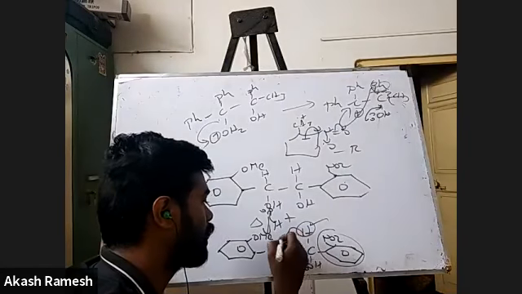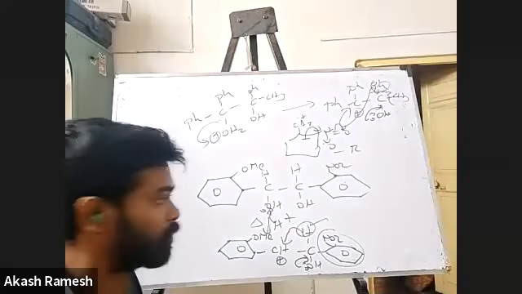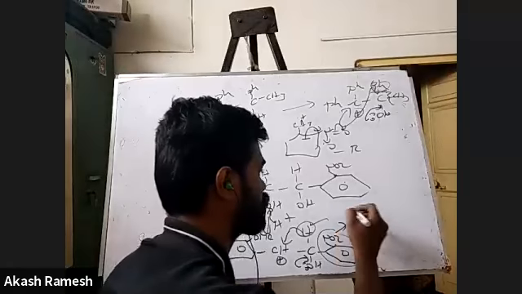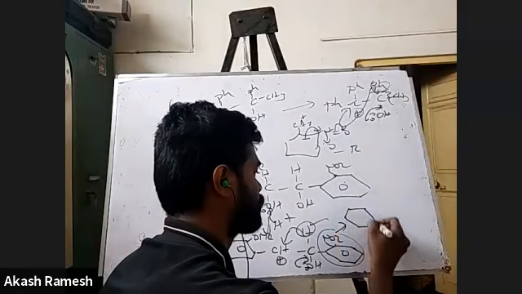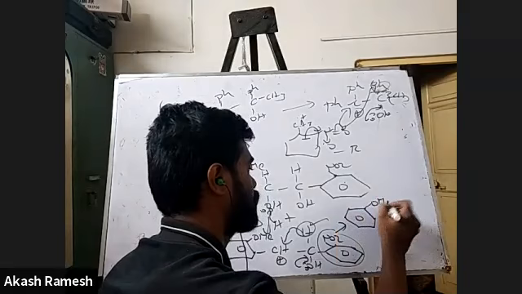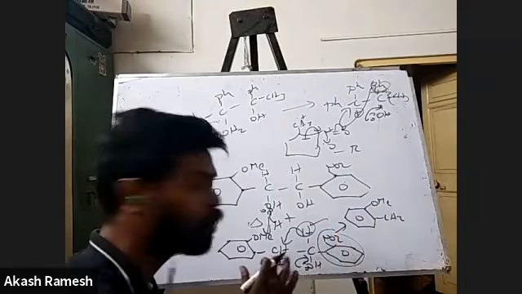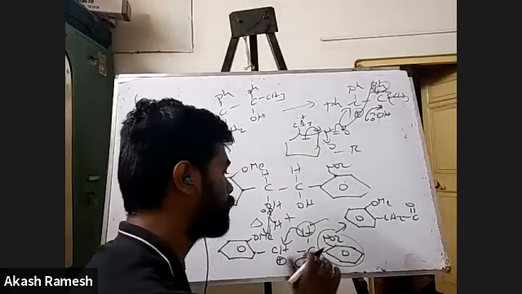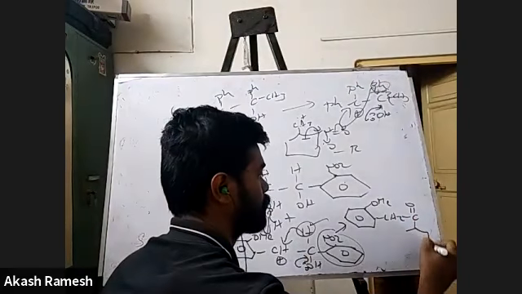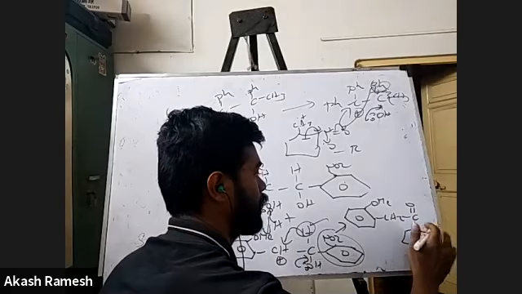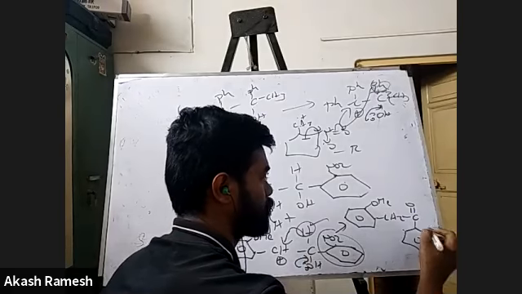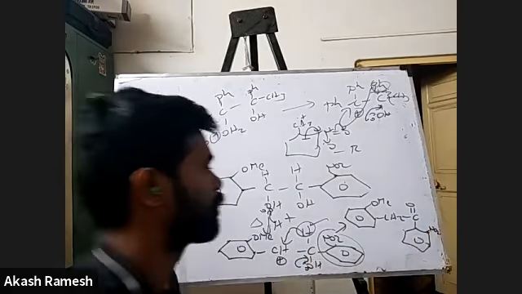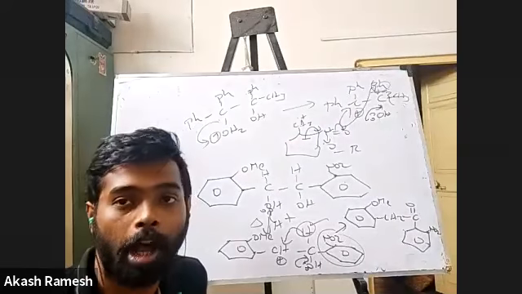This will come here, and this will come and attack here. So the product, if I have to sketch: there is OMe, there is CH2, already there's a CH, one more H, and C double bond O with a nitro group. This would have been the product. How many of you got this product?